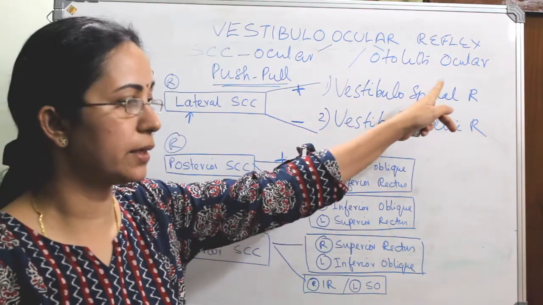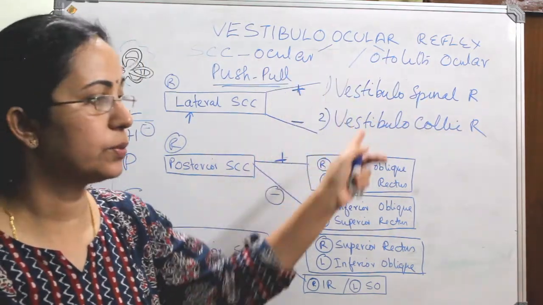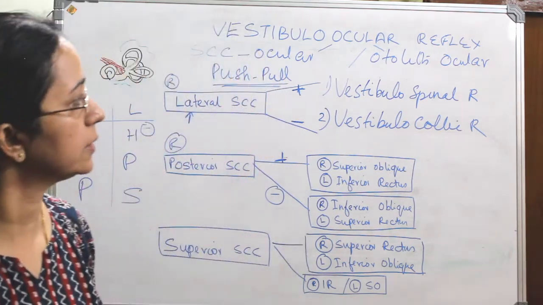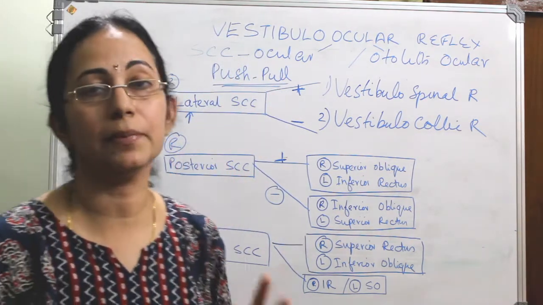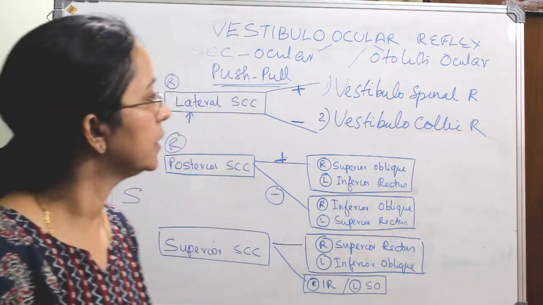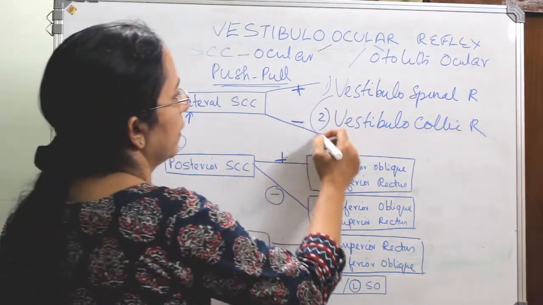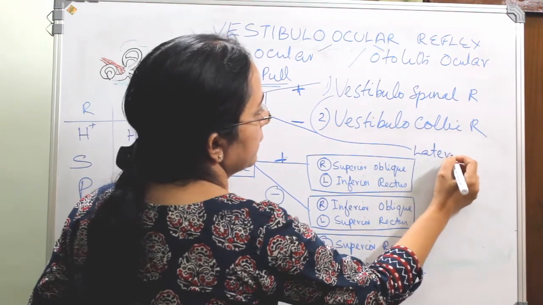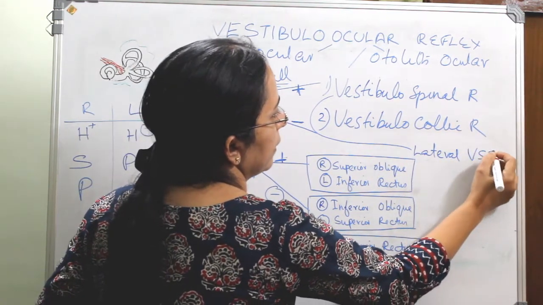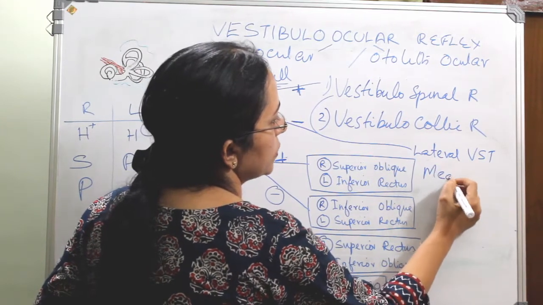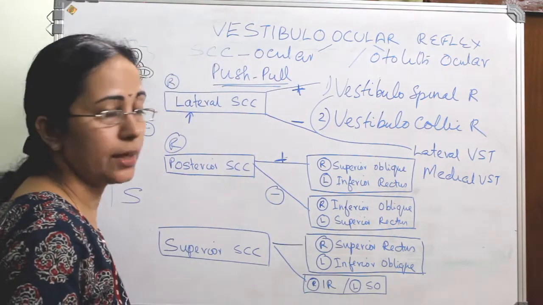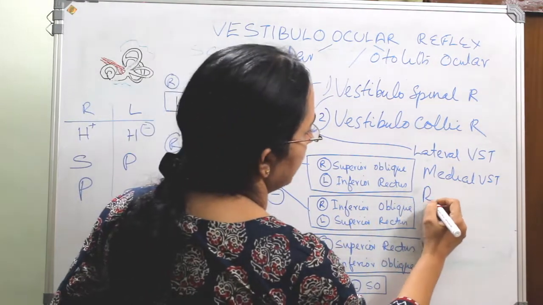So this vestibulospinal reflex is mainly this: the vestibular information influences the spinal anterior horn cell activity by means of three major efferent pathways. That is the lateral vestibulospinal tract, the medial vestibulospinal tract, and also the reticulospinal tract.